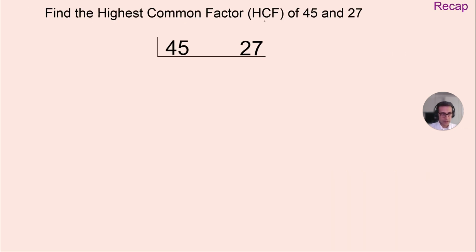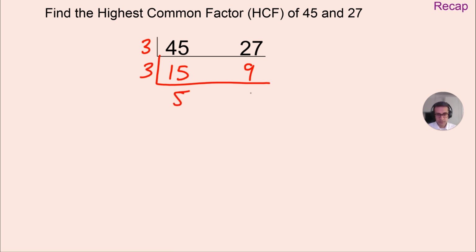Find the highest common factor, or HCF, of 45 and 27. So let's start reviewing this as an example. We can't divide it by 2, but we can divide it by 3. So it's going to be 15. 27 divided by 3 is 9. We can then divide these by 3 again.